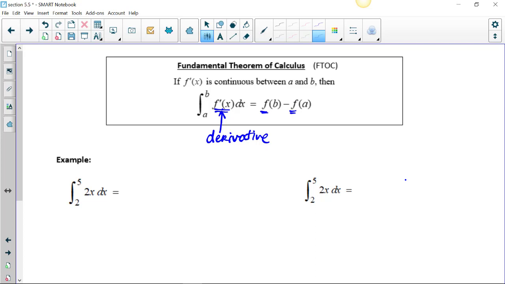So let's say I want the definite integral from 2 to 5 of 2x. Well, I can actually get that by graphing it, because this function is linear, and I can actually calculate the area. So anytime you're trying to find the exact value of a definite integral with a linear function, graph it.